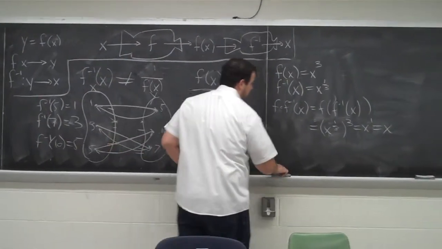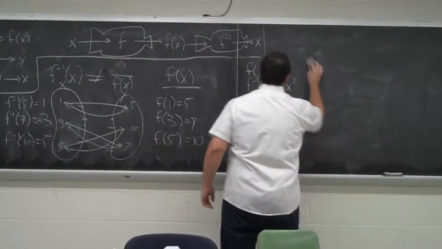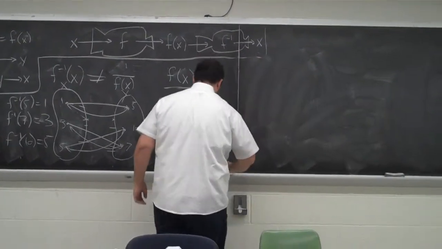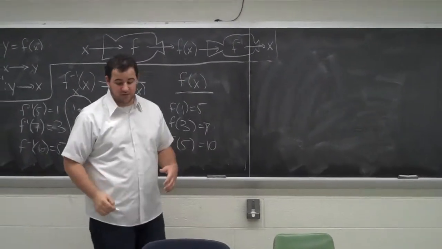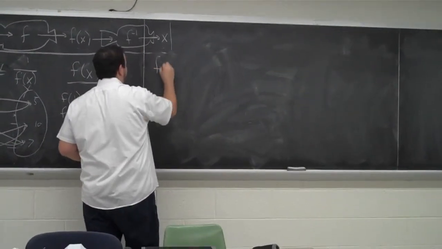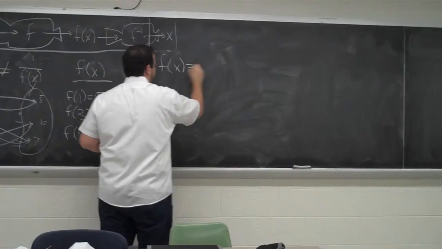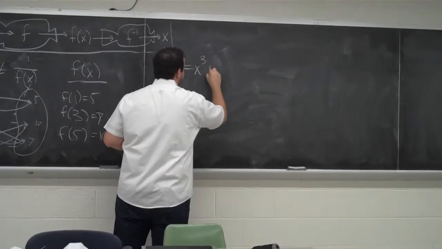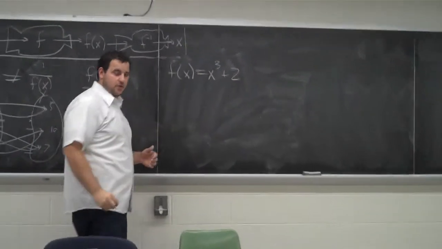Okay, so now we're going to get into how you can go about solving for an inverse. So let's say we have a function that's more or less the same as the one we just worked with. Let's say it's x cubed plus 2. Okay?